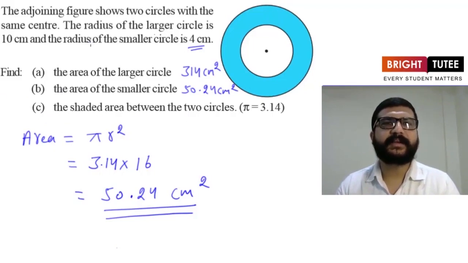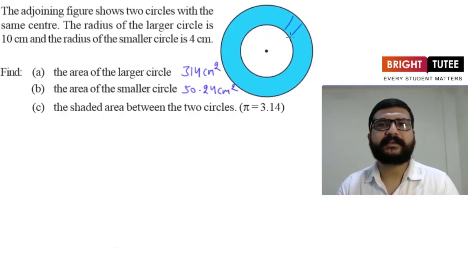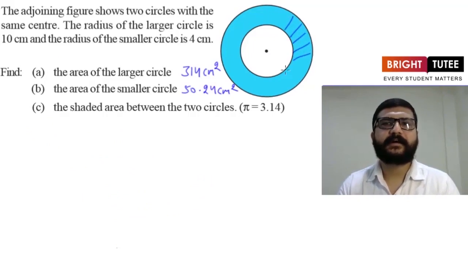Now the last part of the question is the shaded area between the two circles. That is, we have to find this area. Now how to find this area? Suppose if we subtract the area of the smaller circle from the area of the larger circle, then we will get the area of this shaded region.